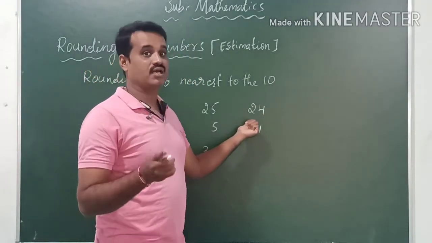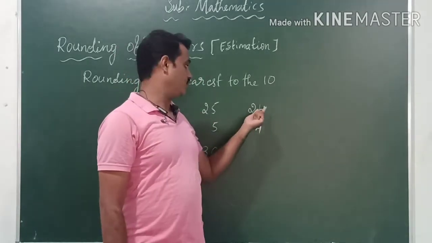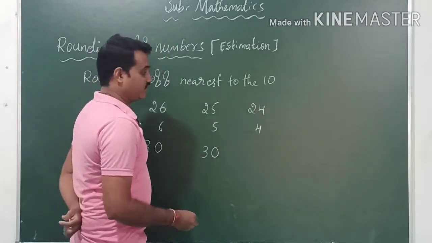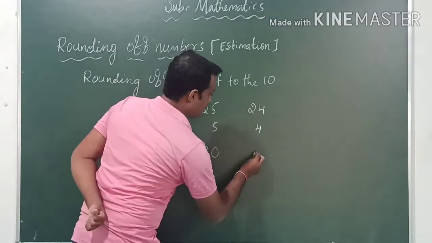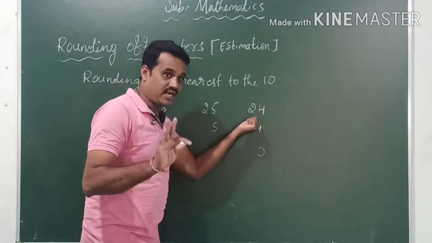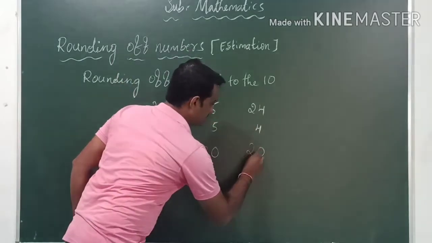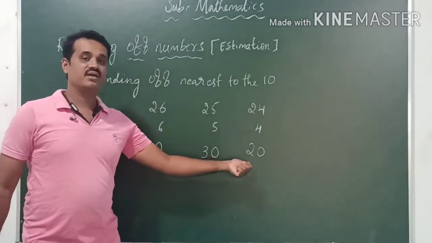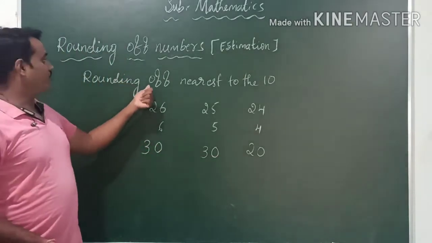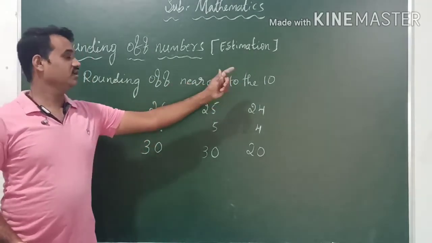If it is 4 or less than 4 in the ones place, then you have to replace the ones place with 0 and the tens place will remain the same as it is. So it becomes 20. So in this way, we have to round off the nearest to the 10.